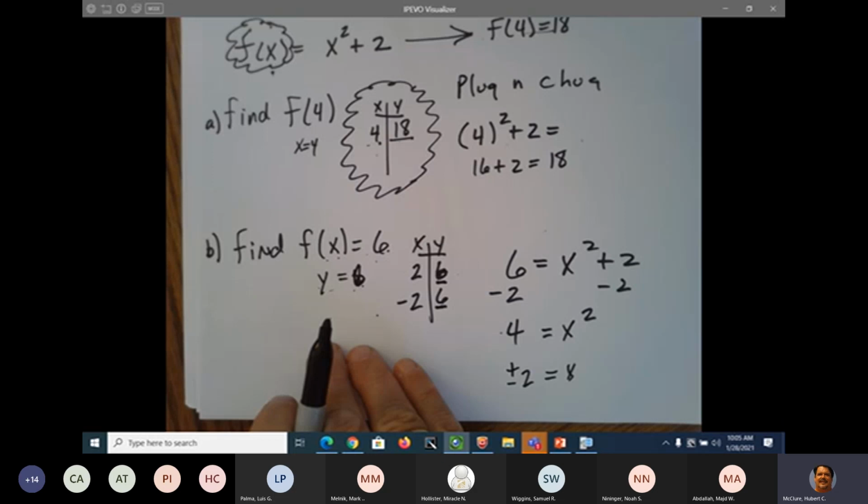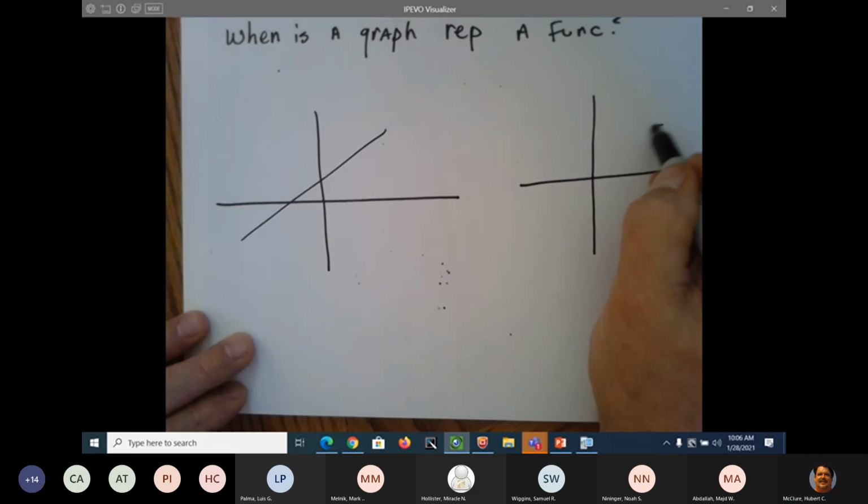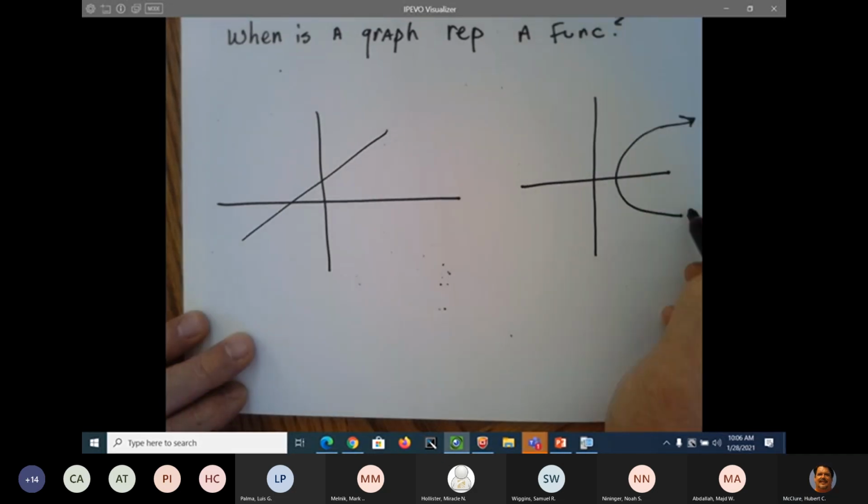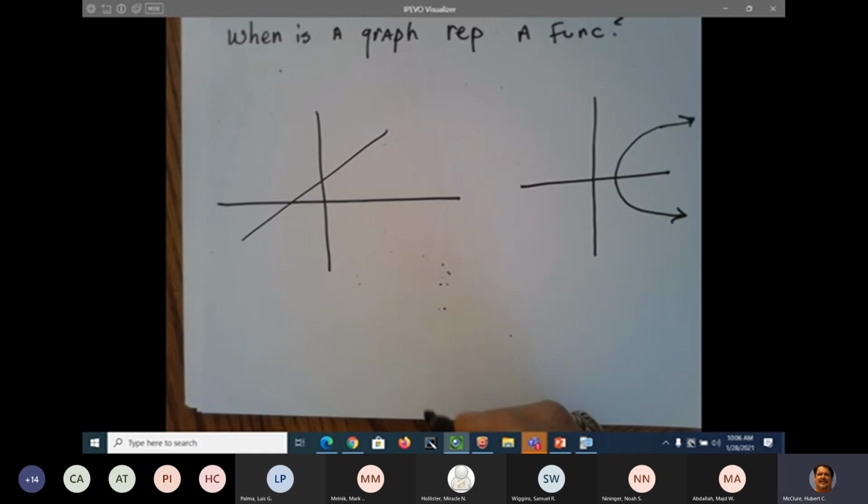I got two graphs here. One graph looks like that. The other graph looks like this. Okay, this goes in red.